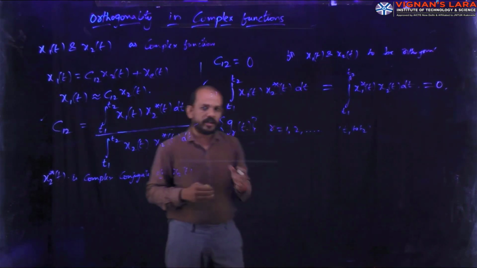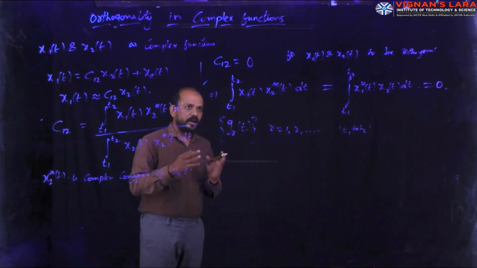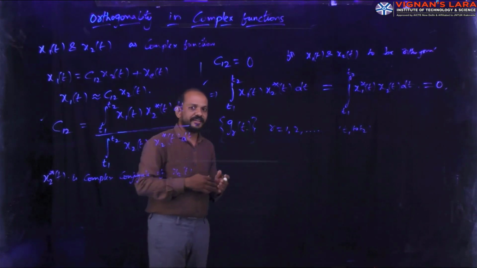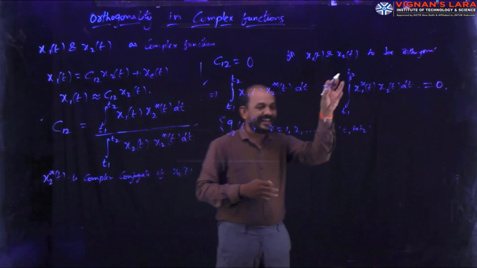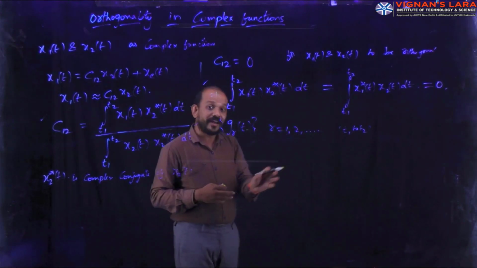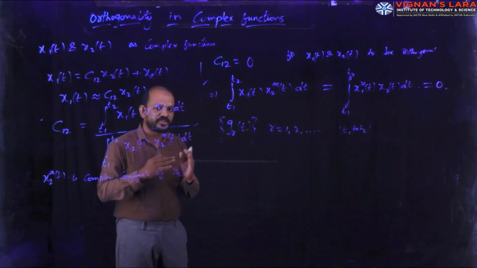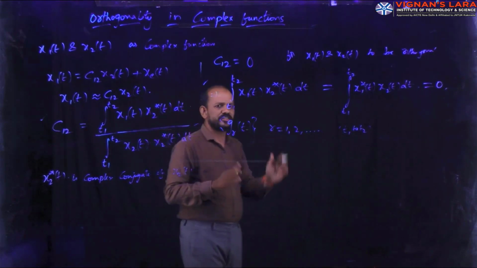Okay, so how can I write the condition? Already at the start of the class I wrote the conditions for real functions. Now the same equation has to be written for complex functions. What is the change in that equation for complex? Simple.